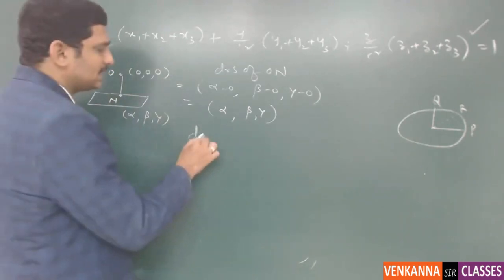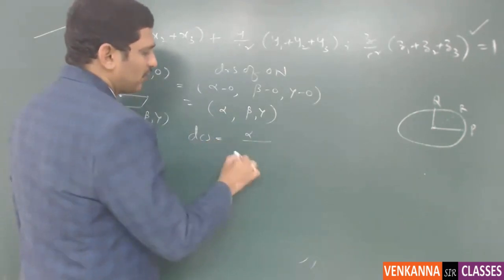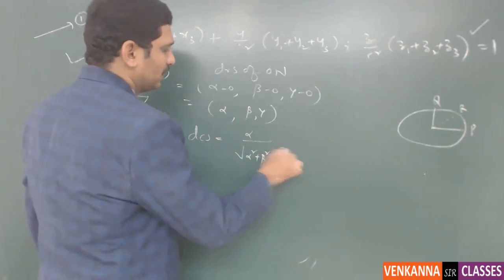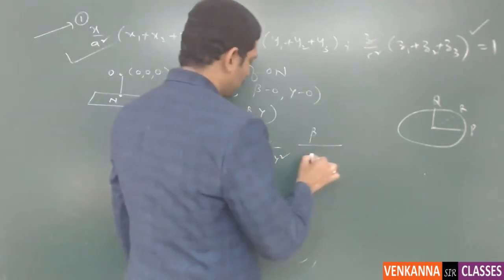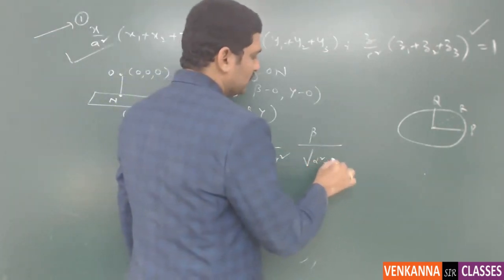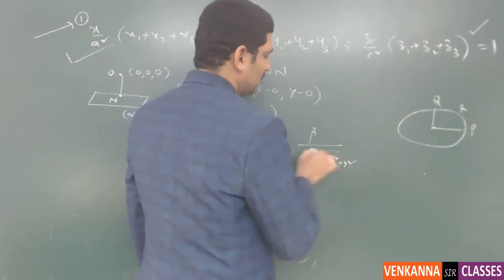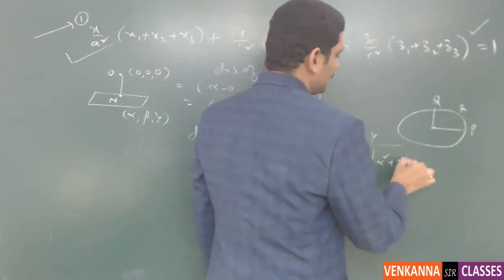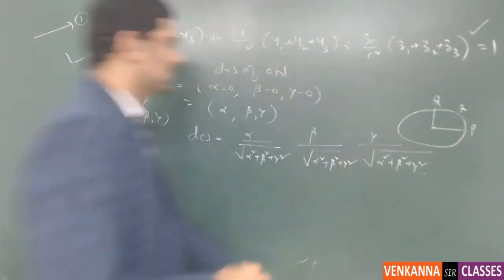So DCs are nothing but alpha by square root of alpha square plus beta square plus gamma square, beta by square root of alpha square plus beta square plus gamma square, and gamma by square root of alpha square plus beta square plus gamma square. So these are the DCs.